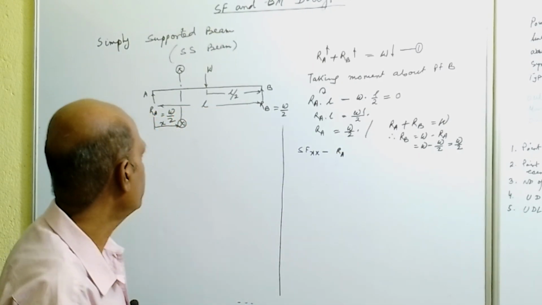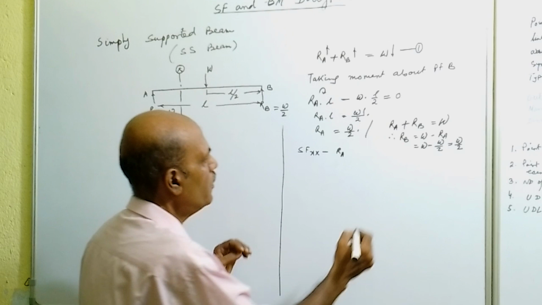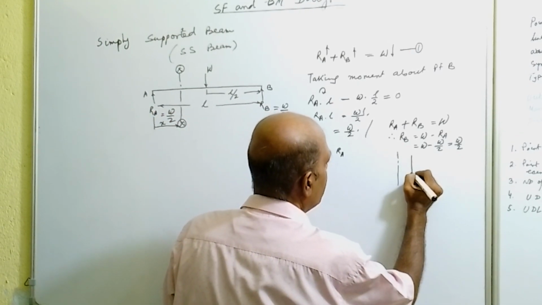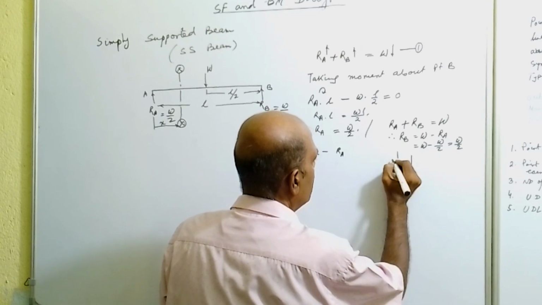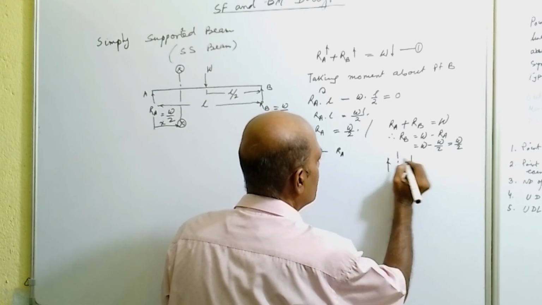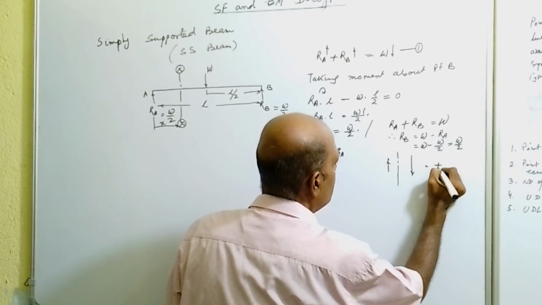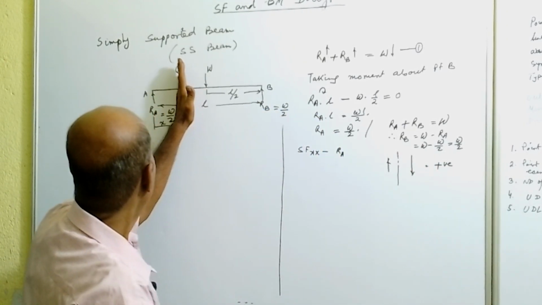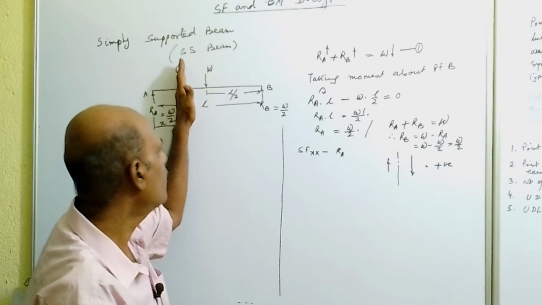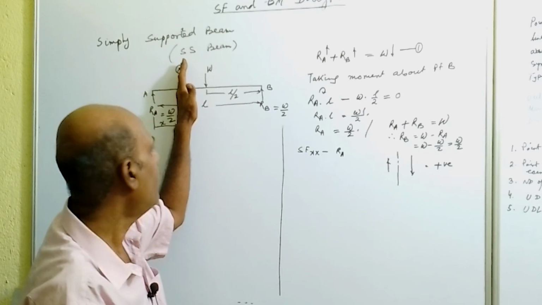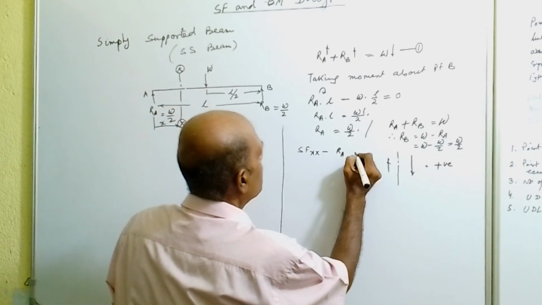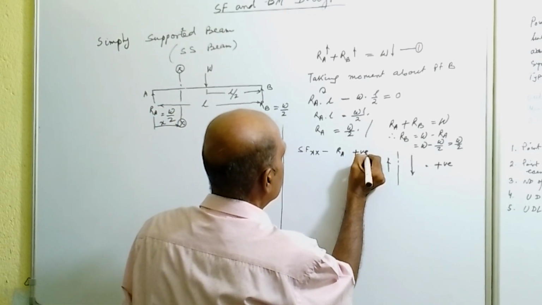Now whether it is positive or negative: if the right side is downward, positive; if the left side is upward, positive. So this will give a positive shear force. Here at the left side of the section, RA is acting in the upward direction, so we write it as positive.